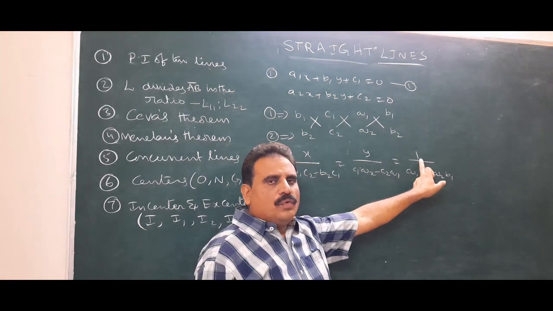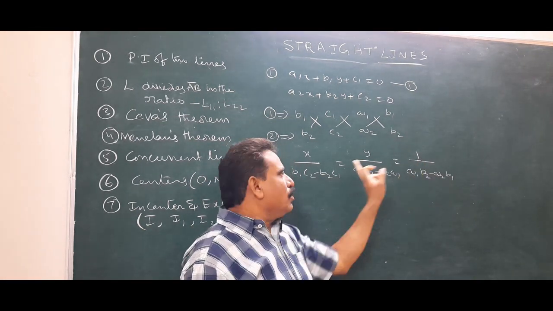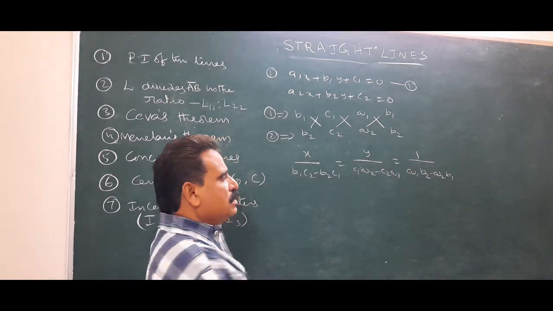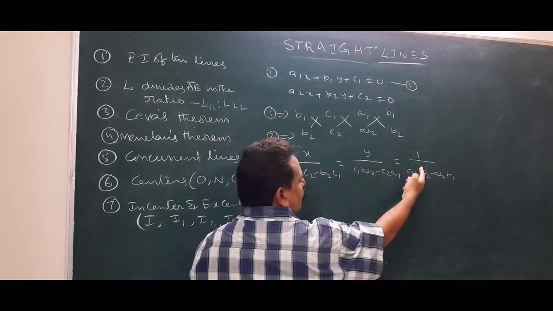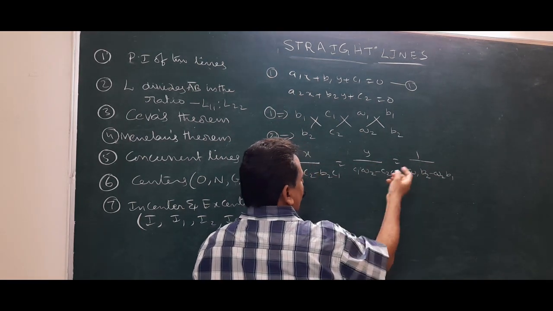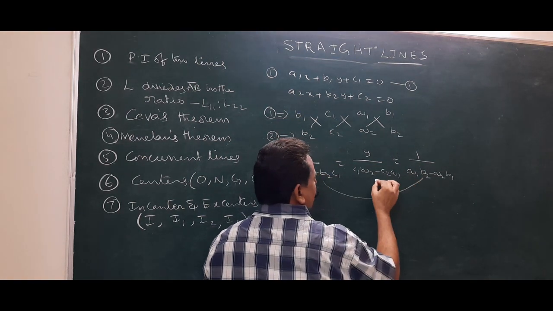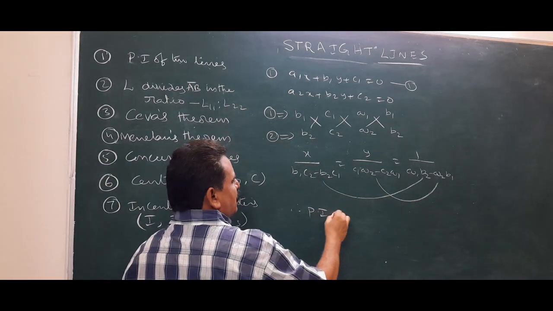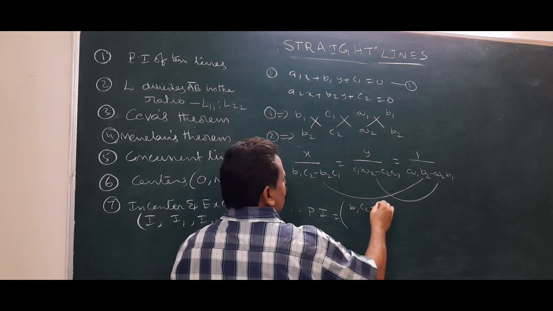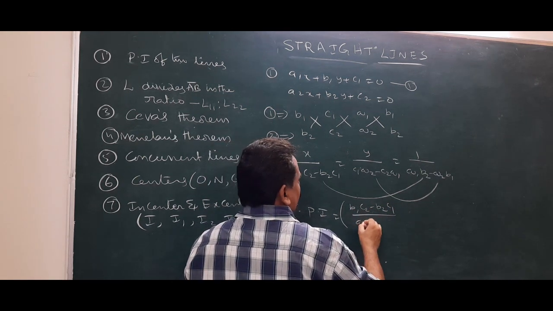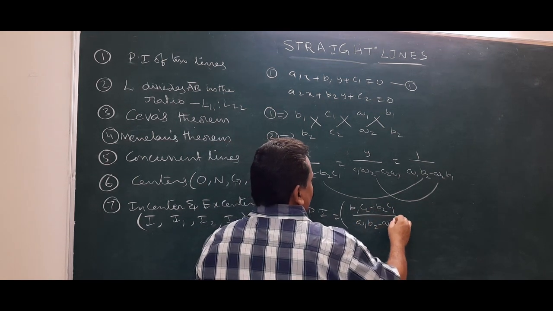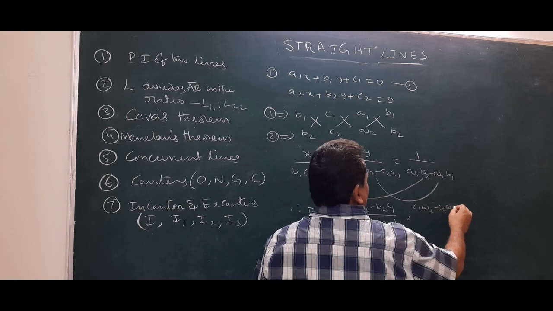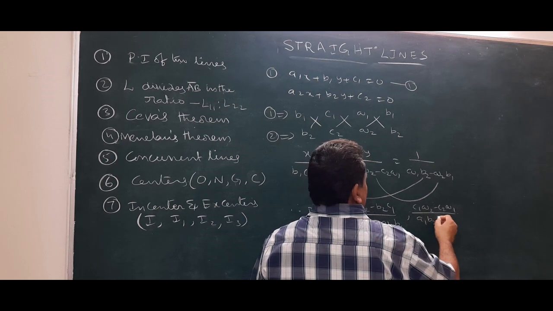From that relation we get x equal to b1c2 minus b2c1 by a1b2 minus a2b1. In the same way, by taking these two, we get the y coordinate. From these two, the x coordinate. From these two, the y coordinate. Therefore, the point of intersection is b1c2 minus b2c1 by a1b2 minus a2b1, next, c1a2 minus c2a1 by a1b2 minus a2b1.